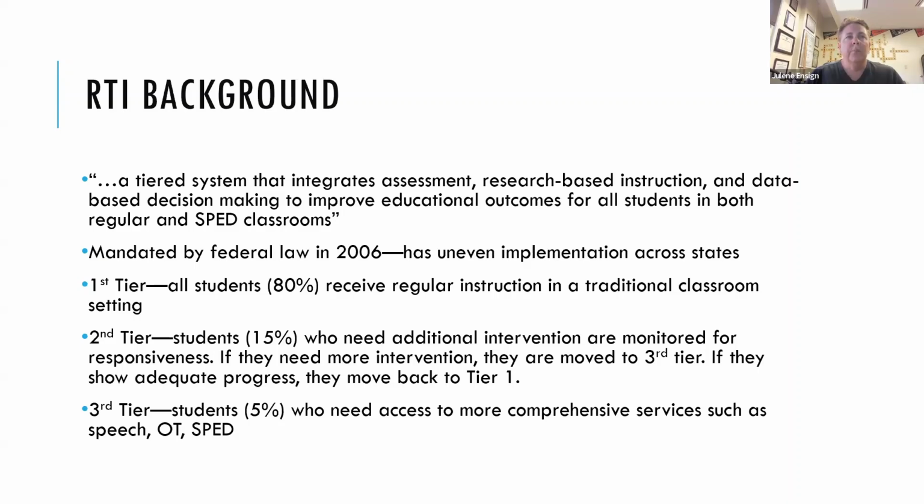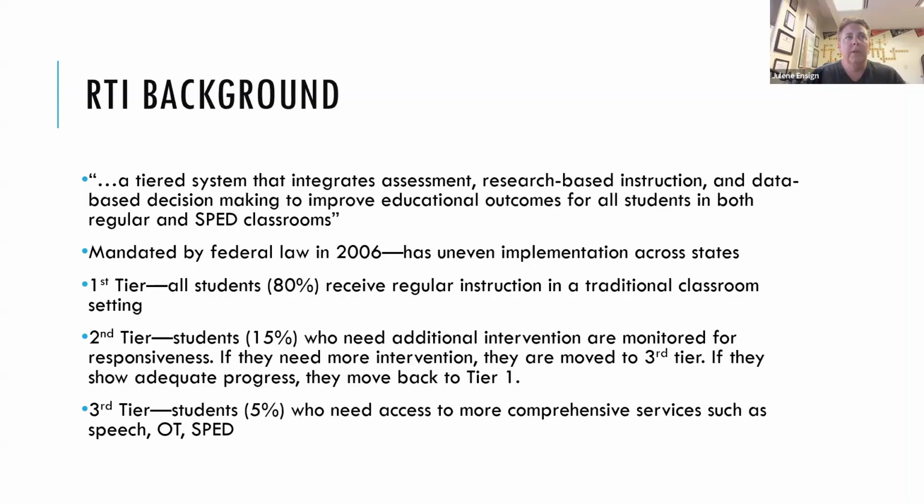And you can see that this kind of mirrors the same model that we had on the last slide. So the bulk of students get regular instruction in a traditional classroom setting, right? Second tier, about 15% of students, they need a little bit of extra intervention. So they might need some extra reading help, or they might need some extra math help. And they go into this tier and they get this extra help with the hope that they will get back on pace with their peers and move back to tier one.